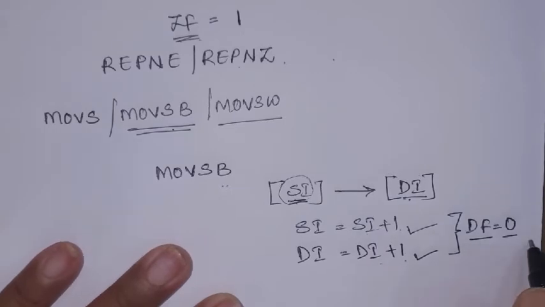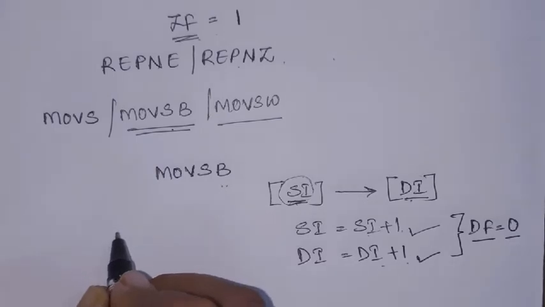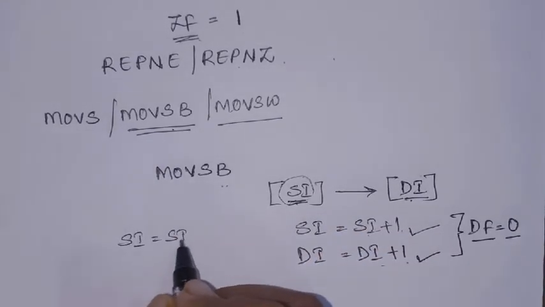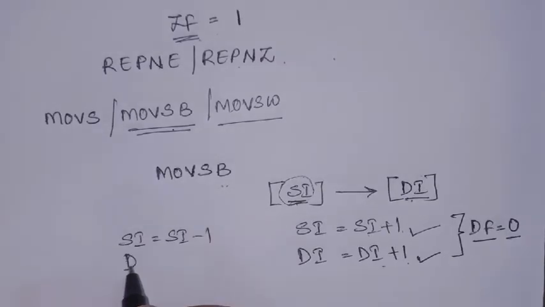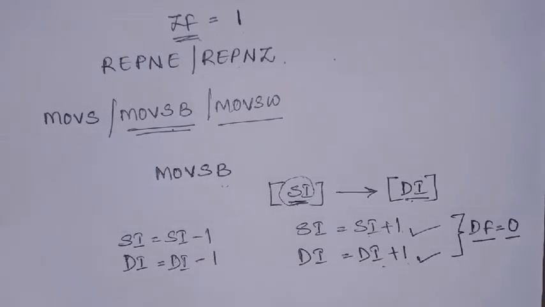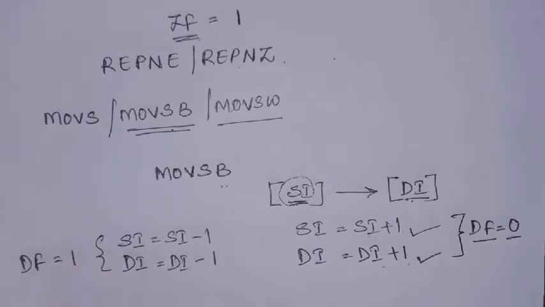If the direction flag is equal to 1, after the transfer, SI becomes SI minus 1, decremented. SI and DI register contents are decremented by 1 when the direction flag is equal to 1.